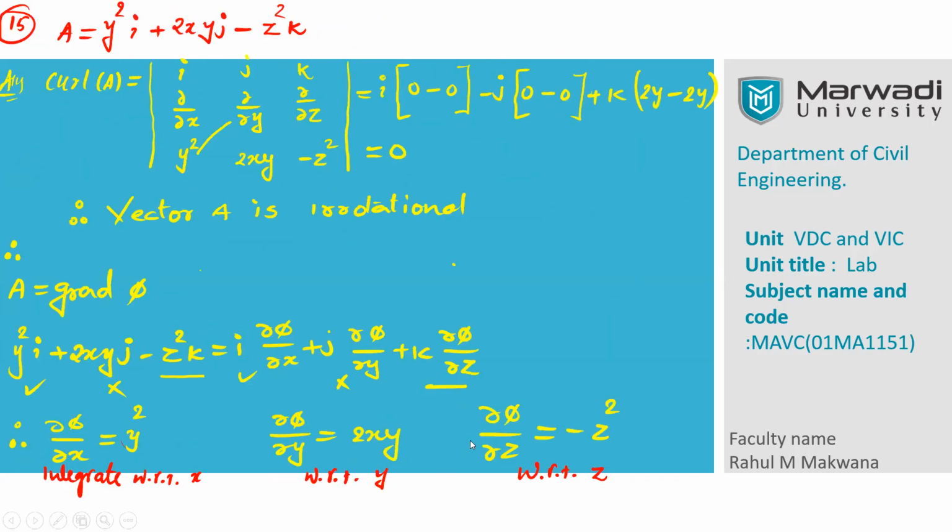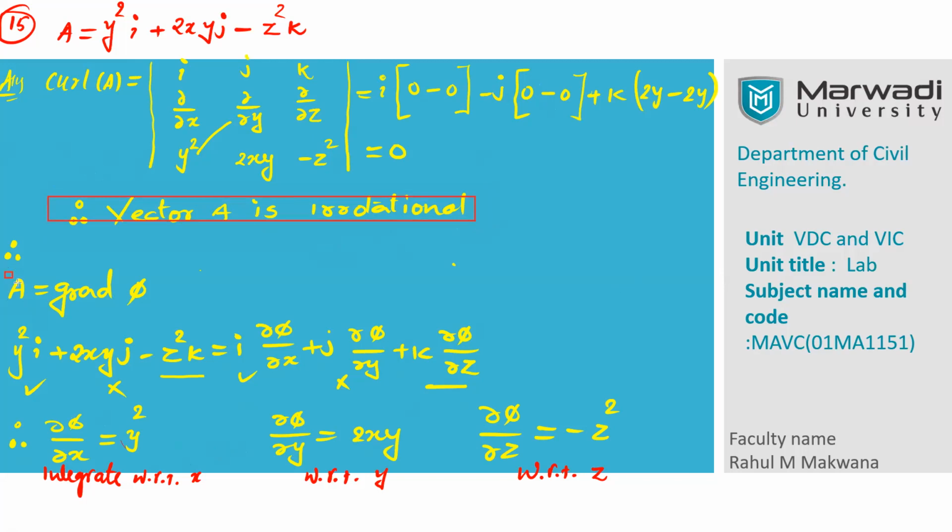In the first step, prove that the given vector point function is irrotational.